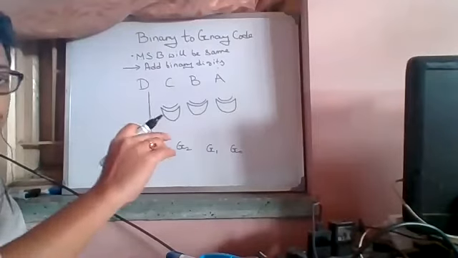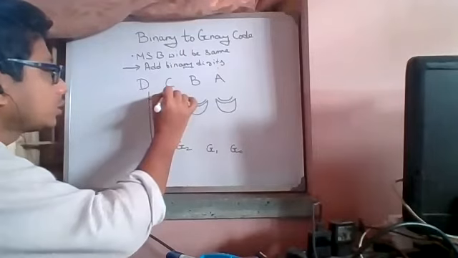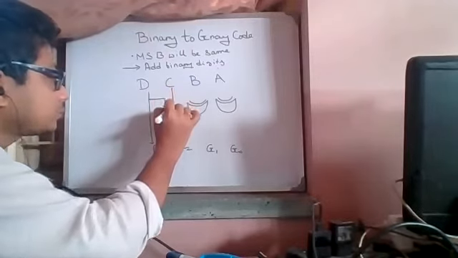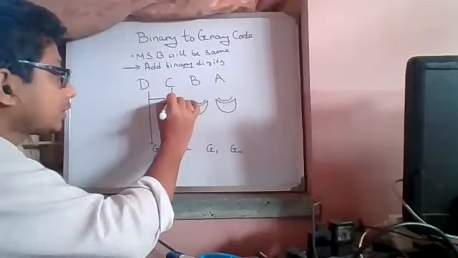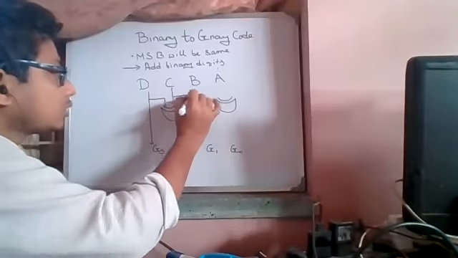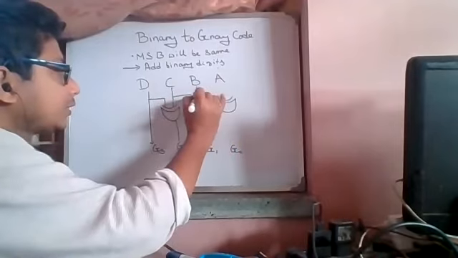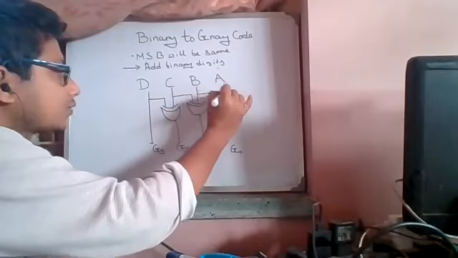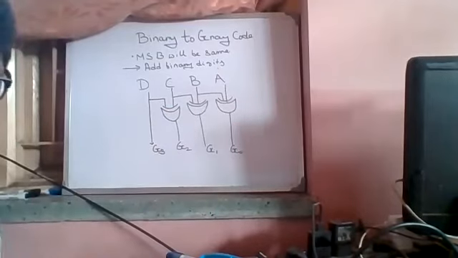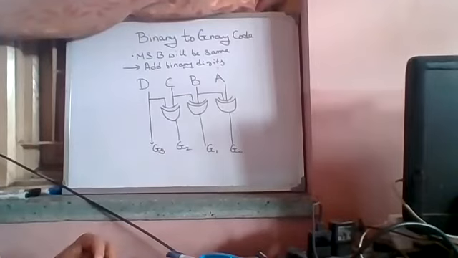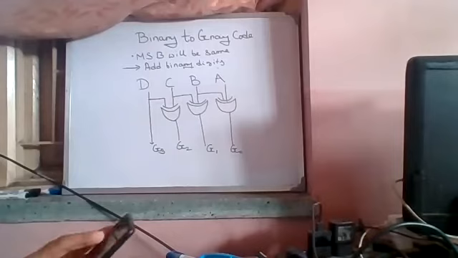We will simply take this as one input and this as another input, and that will come here. Similarly, I will take this as one input, and this as another, and it will come here. I will take this as one input, and this as another, and it will come here. You check it. This is my binary code. This is my Gray code.